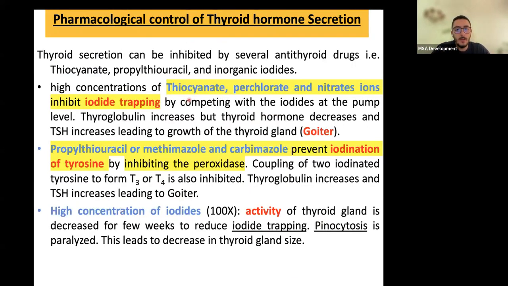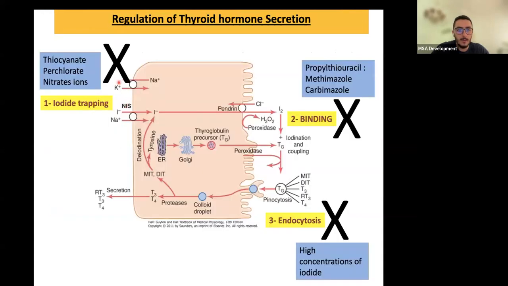So thiocyanate or perchlorate, I explained what perchlorate is. Thiocyanate has a similar effect to perchlorate. They inhibit iodide trapping. Iodide trapping starts from here, from the co-transporter. You trap the iodide by endocytosing it into the follicular epithelial cell, and keeping it inside.